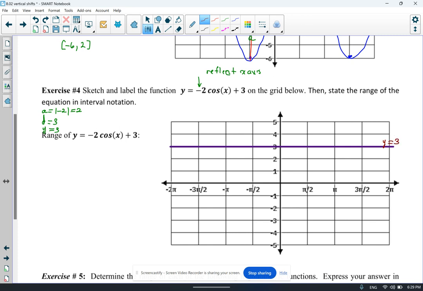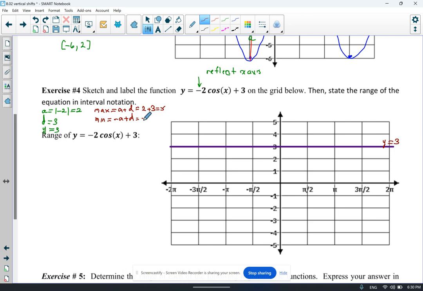And next, we want to get the maximum value of the function. So the maximum value of the function is the amplitude plus the vertical shift. Notice that doesn't change, but just because there's a negative in the function, you still get the maximum value the same way. So it's 2 plus 3, or 5. The minimum value of the function is the negative of the amplitude plus the vertical shift.